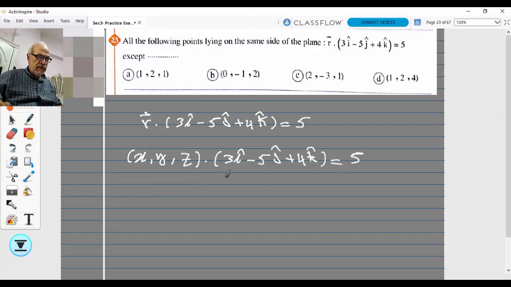Now we will take the left hand side, substituting x, y, and z by the first point.